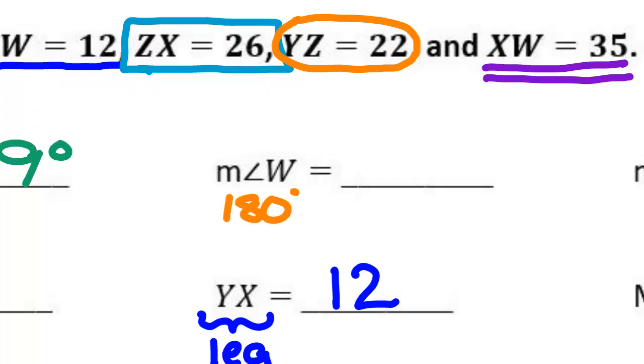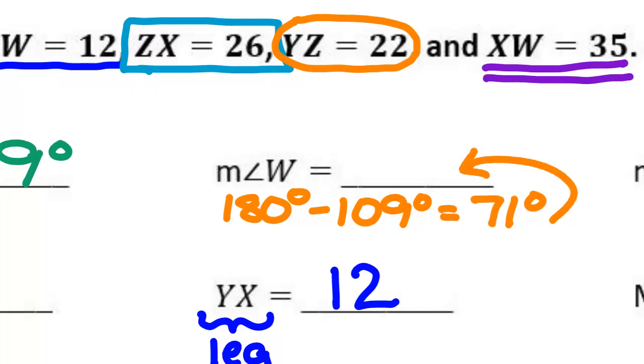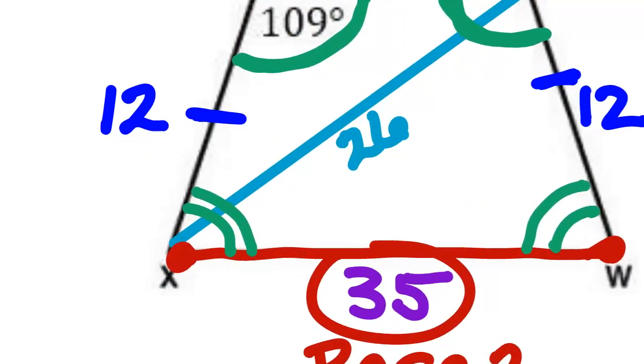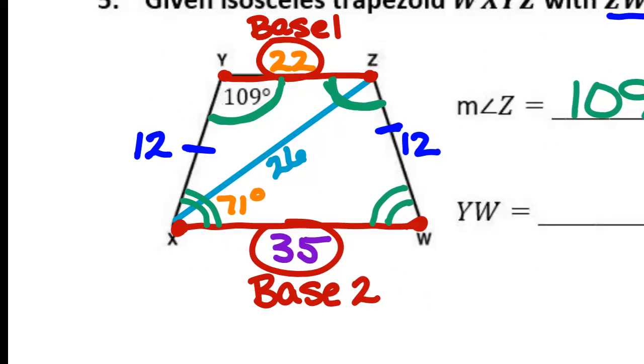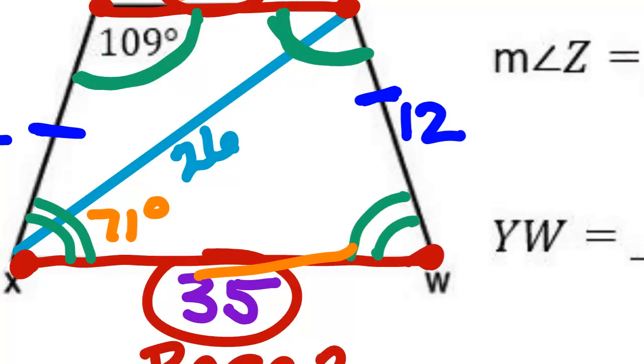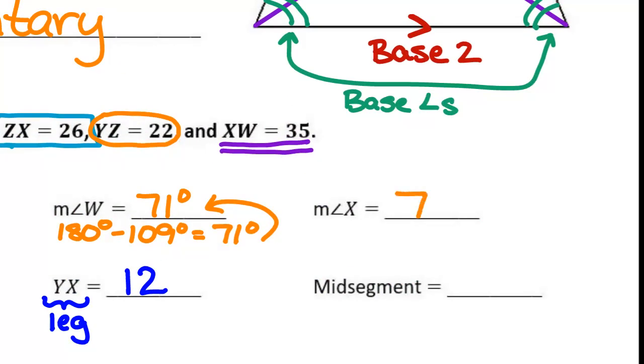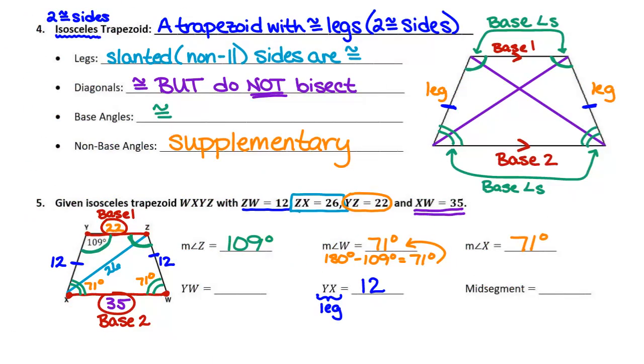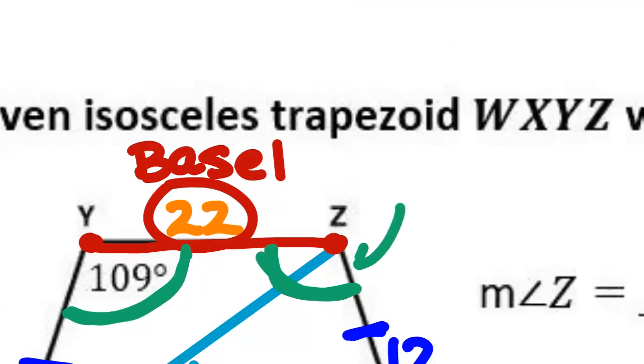We're going to do 180 minus 109. And that would give us what? 71. So 71 degrees. So how big is angle W? 71 degrees. Angles X and W are both the same size, 71 degrees. All right. This angle right here is 109.